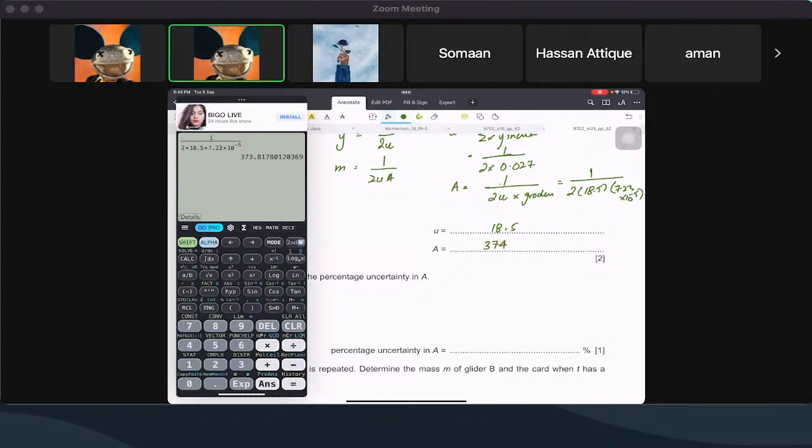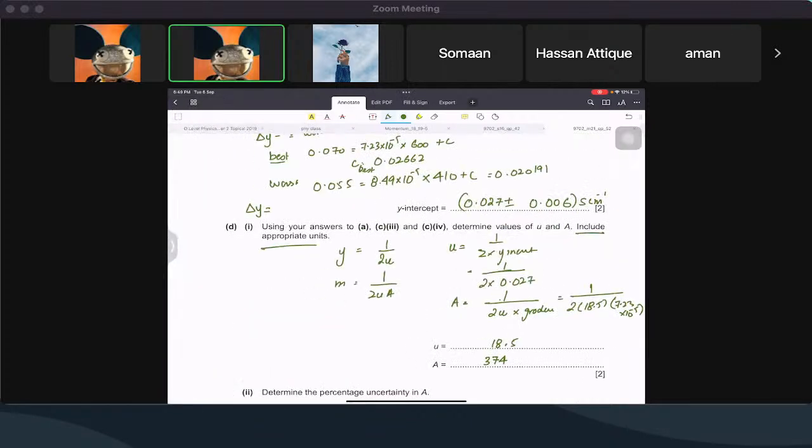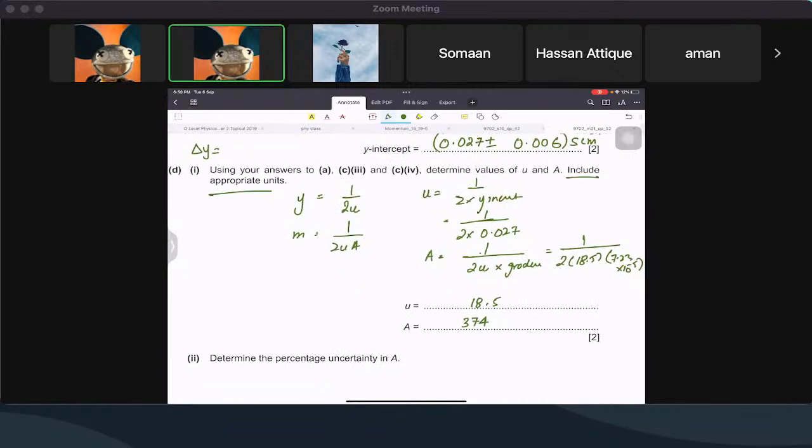Now for the units, because we know the y-intercept units were second per centimeter, this will be centimeters per second, because it is an inverse of that, right? And here u is centimeters per second, and the gradient was second centimeter minus 1, and grams minus 1, and 1 upon, and this is multiplied by centimeters per second.